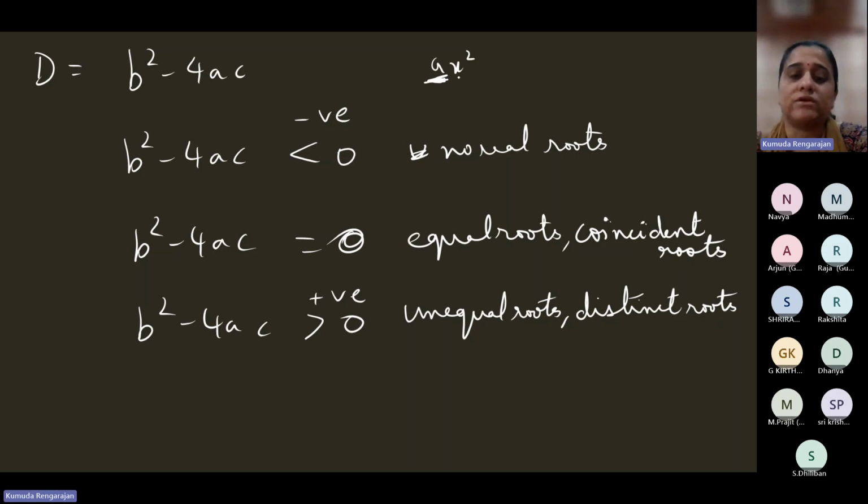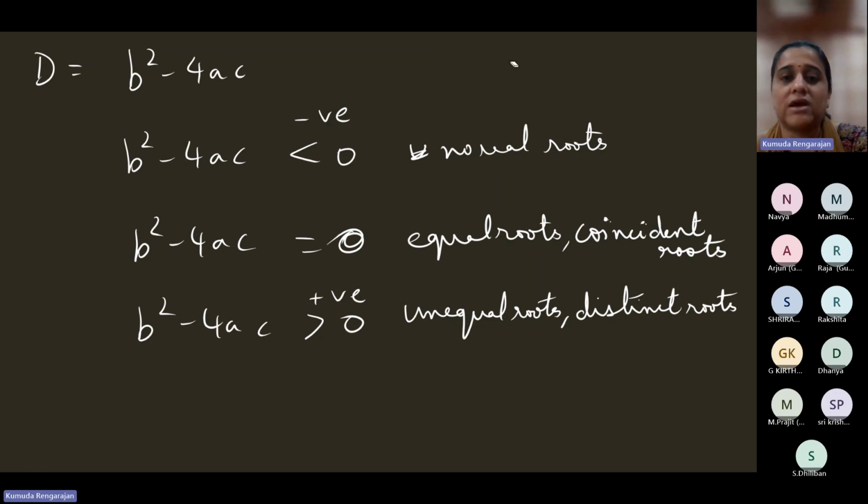The case a equal to 0 is not possible, because 0x square means it's not a quadratic equation at all. So either a is negative or positive. If a is positive, it opens upwards. If a is negative, it opens downwards.